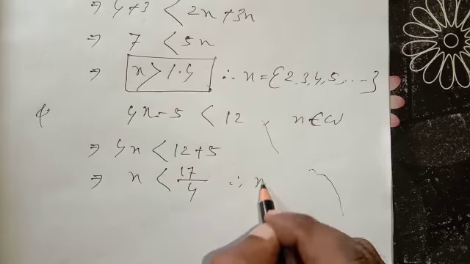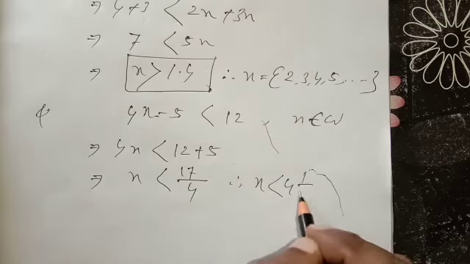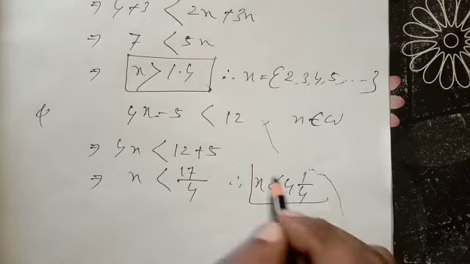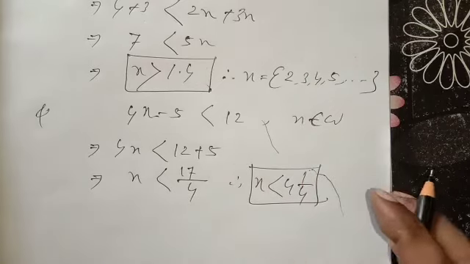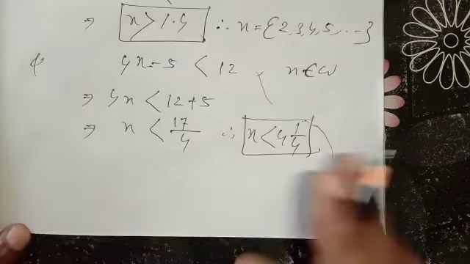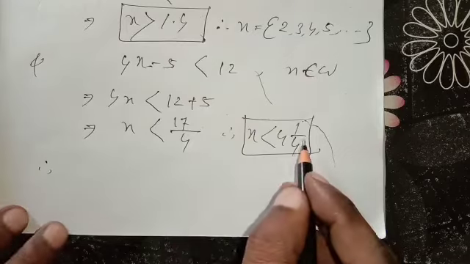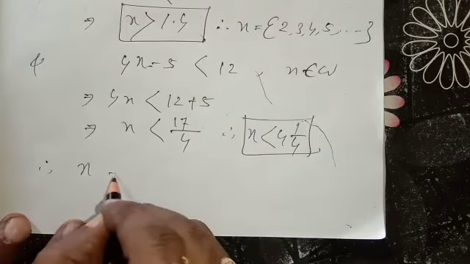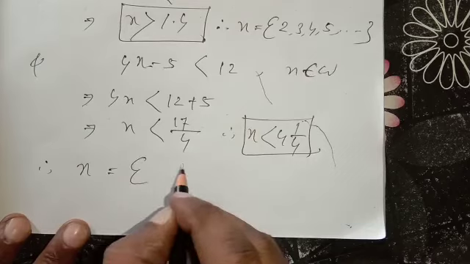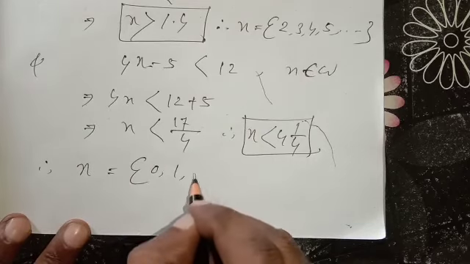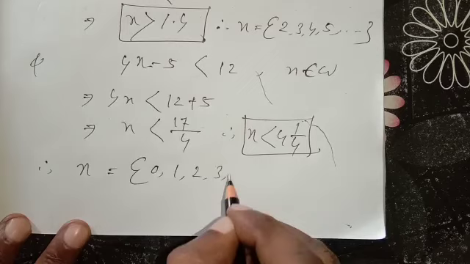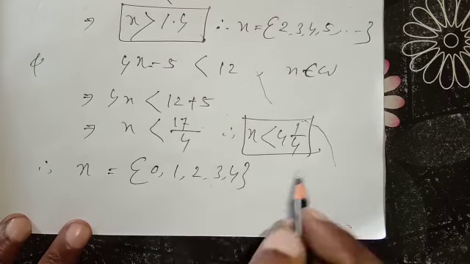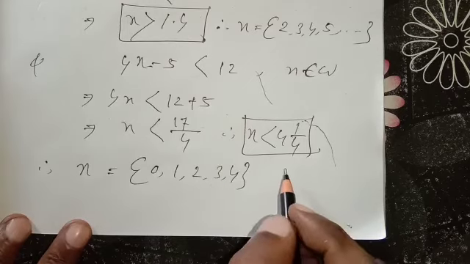Therefore x less than 4 and 1 by 4 if you make it a mixed fraction. As x belongs to whole numbers, x will be less than 4.25, which means x equals 0, 1, 2, 3, up to 4. And this set is nothing but the Q set.